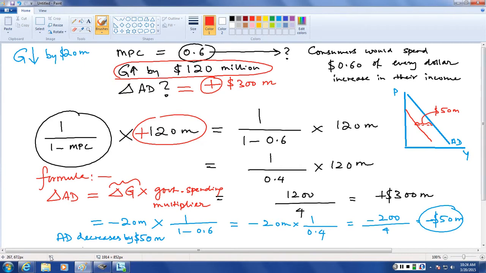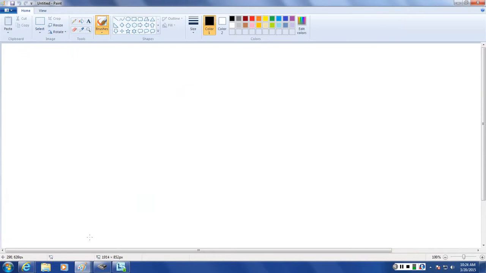I'm now going to use a term that I haven't used before, and that is expansionary fiscal policy versus contractionary fiscal policy. Now, previous question, government reducing spending.